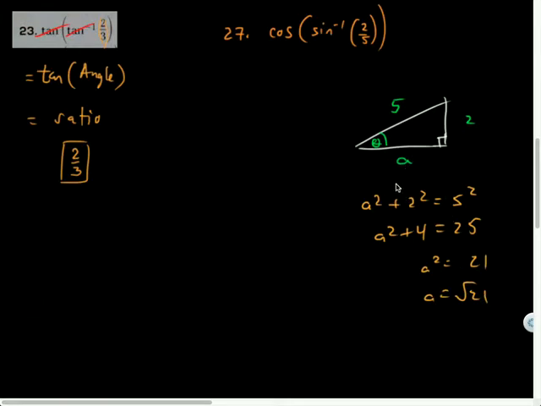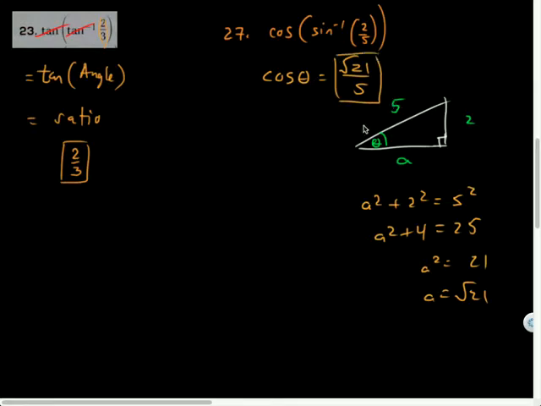So if a is the square root of 21, what is the cosine of this angle theta? Adjacent over hypotenuse, so that's going to equal the square root of 21 over 5.